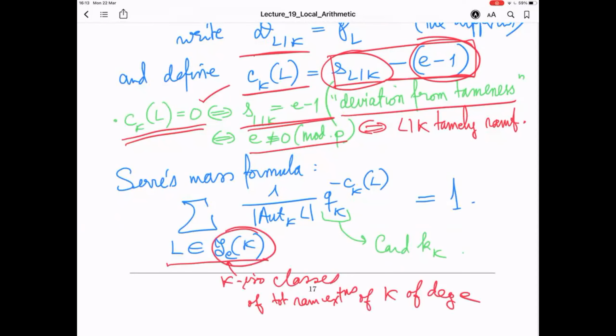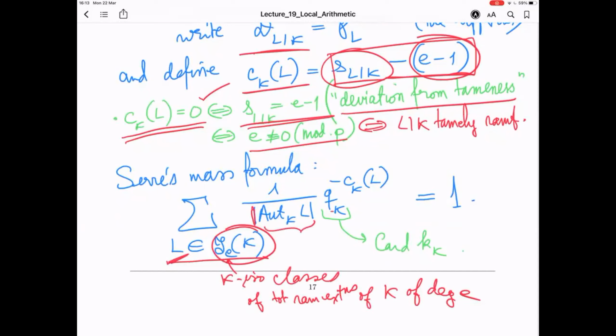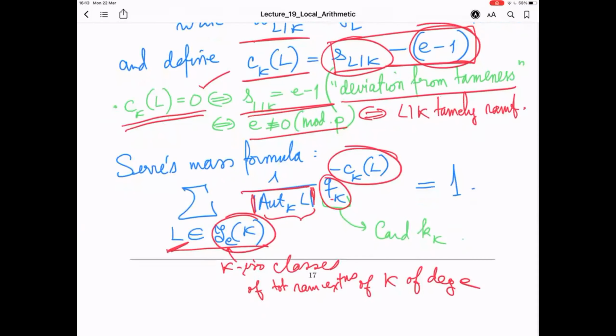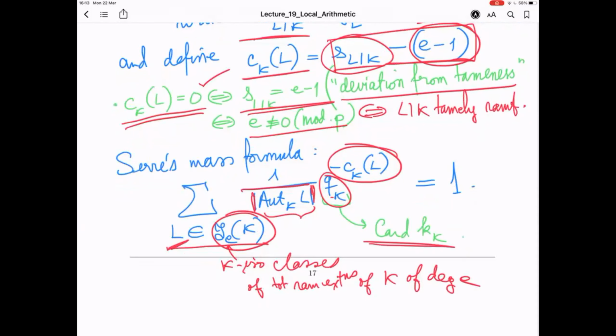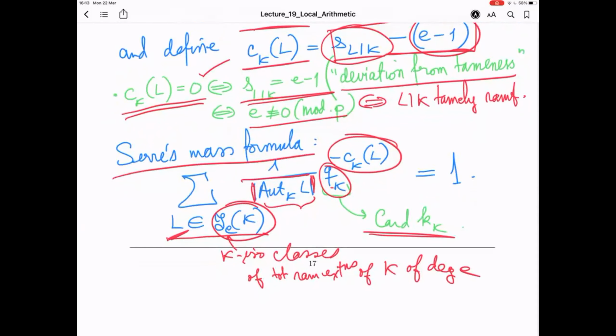For each such L, I have the group of automorphisms, and this is its order. I take 1 over that order, and I take QK to the power minus CK of L. QK is the cardinality of the residue field. And this formula says that when I take the sum over all such L, I get 1.